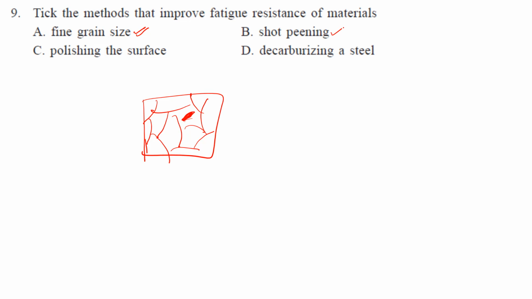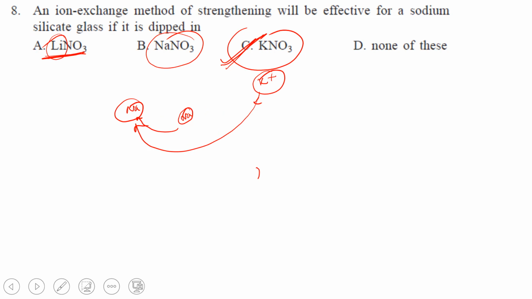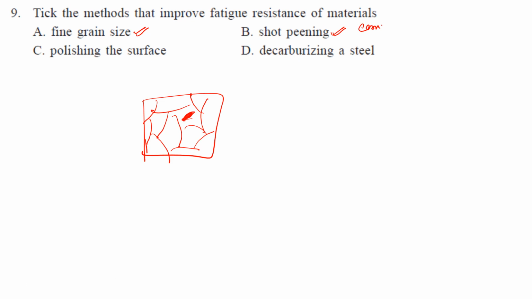Then shot peening produces compressive stress, which helps to improve fatigue resistance, right? Then polishing the sample. Yes, when we do the polishing, the surface cracks and scratches get removed and it does not allow the crack to propagate from the surface. So it is very good. Decarburizing is no. Once we do decarburizing, the strength of the upper part decreases, right? So this is not the correct one. So A, B, and C.